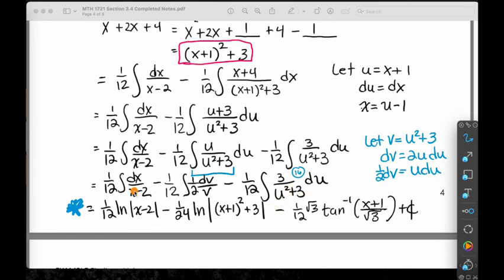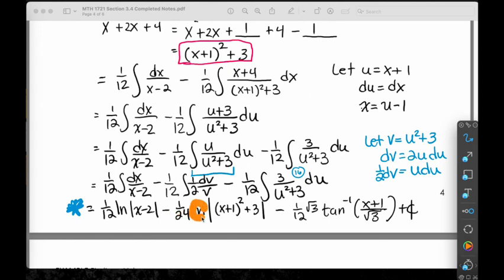Now, let's finish this up. Woo, this one was a long one. This one, when we integrate, it's ready to go. We have 1/12 natural log of x minus 2. This one, when I integrate this, I get 1 over 24 with the minus in front because I have this 1/12 times this 1/2. That gives me 1 over 24.